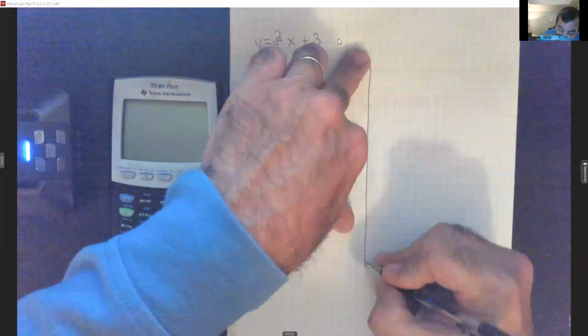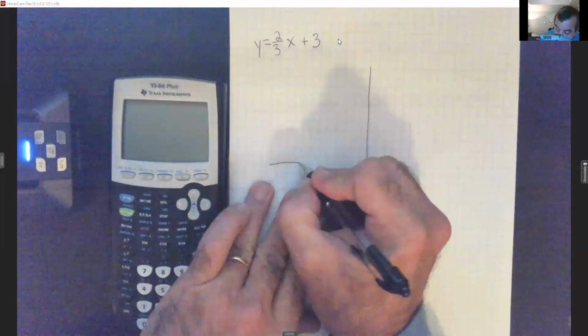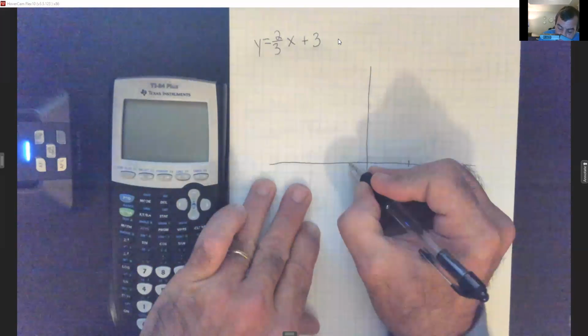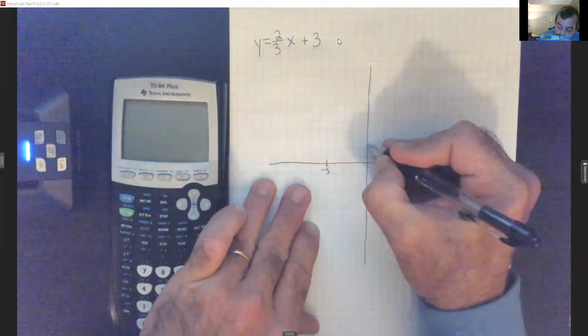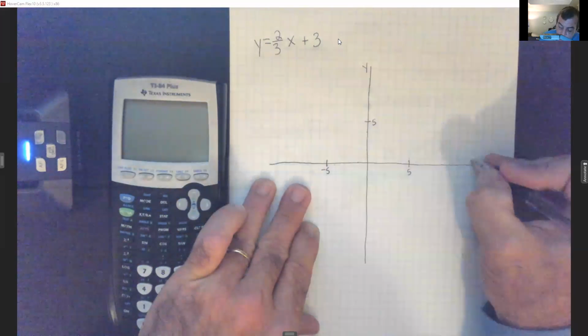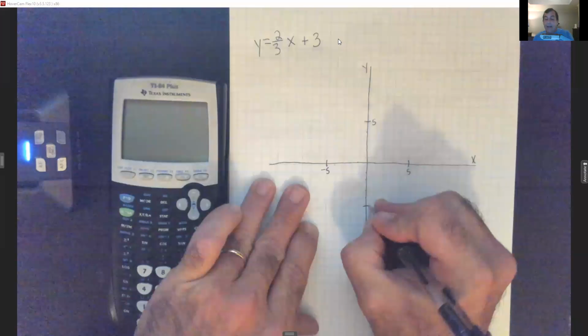If y'all remember the other day, I showed y'all how to graph using the slope-intercept form of a line, which is what I have. So here's 5, -5, 5 on the y, that's going to be my x, and then down, -5.